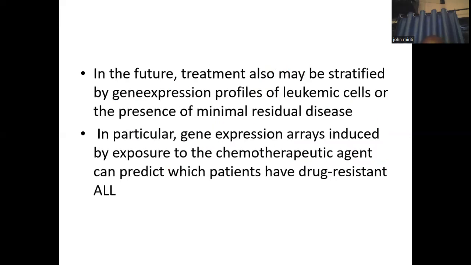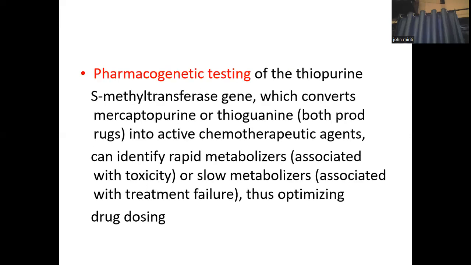In the future, treatment also may be stratified by the gene expression profile of leukemic cells or the presence of minimal residual disease. In particular, gene expression patterns induced by exposure to chemotherapeutic agents can predict which patients have drug-resistant acute recurrent leukemia.